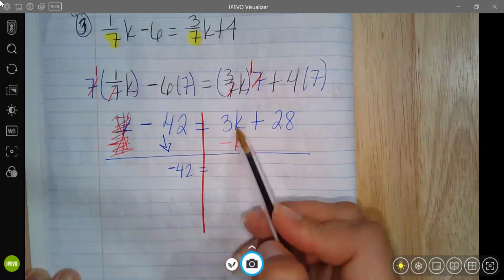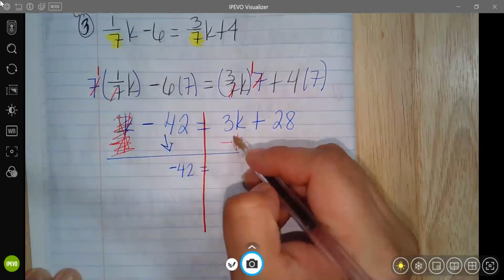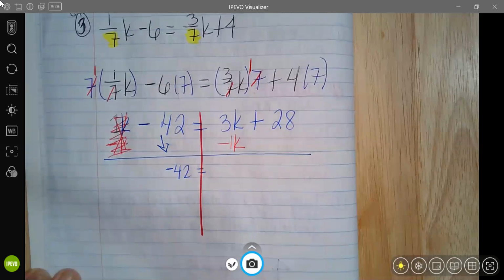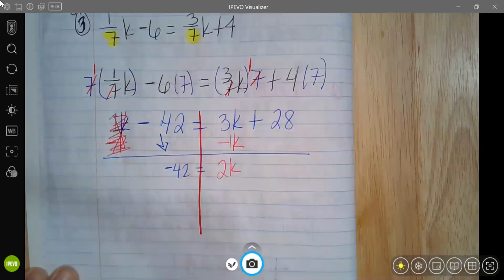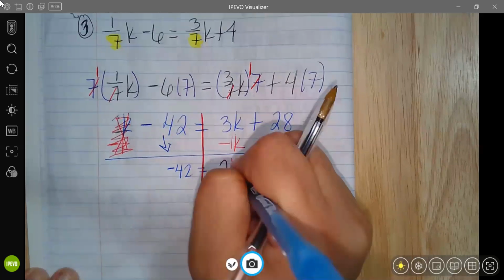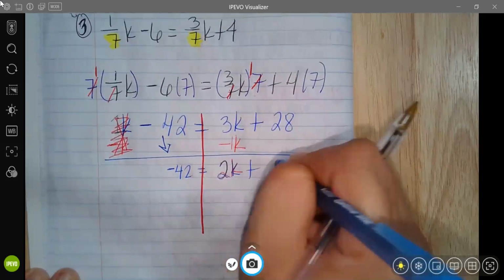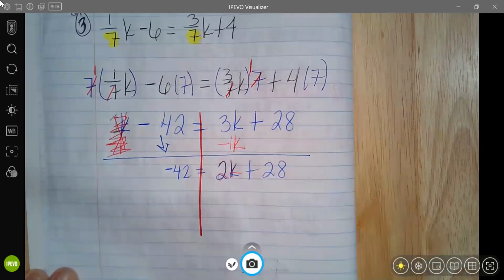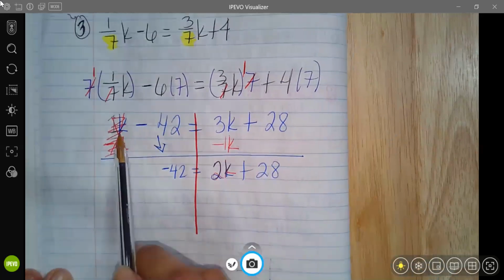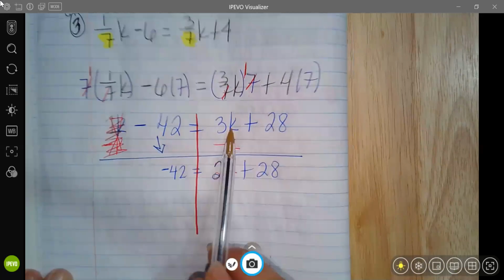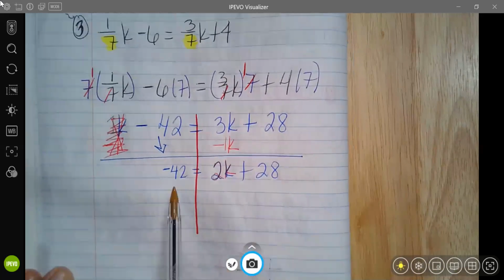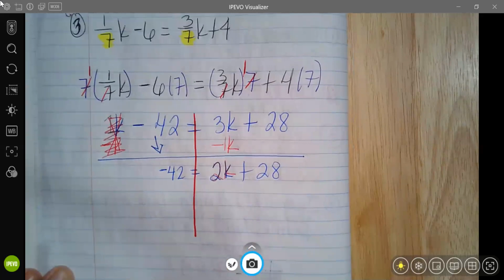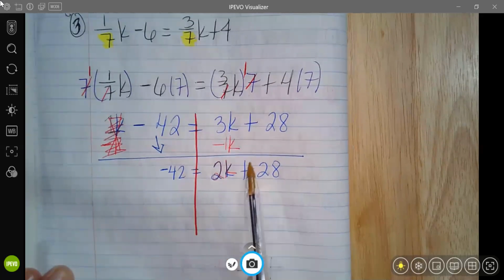3K minus K. Remember, there's that invisible 1. So 3 minus 1 is 2K. Darn it, I used the wrong color. 2K plus 28. Okay, so now that I moved something from the left to the right, now I need to move something from the right to the left. It has to go the other route. So now I'm going to move my constant over.